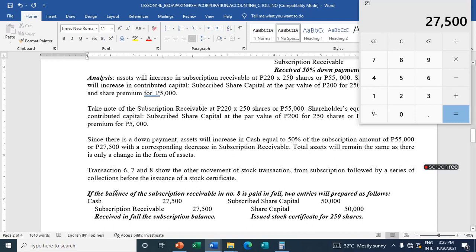If the balance of the subscription receivable in number 8 is paid in full, this is your entry. You have received it, and your subscribed share capital of 50,000 becomes share capital, since you have issued the stock certificate for 250 shares.